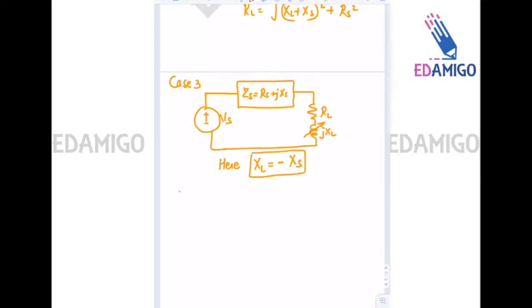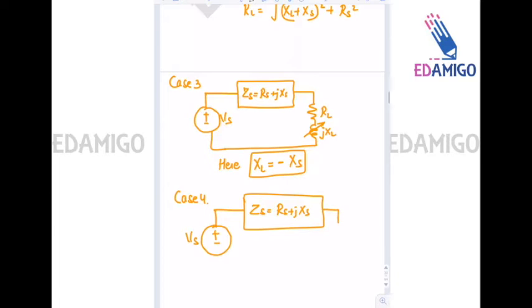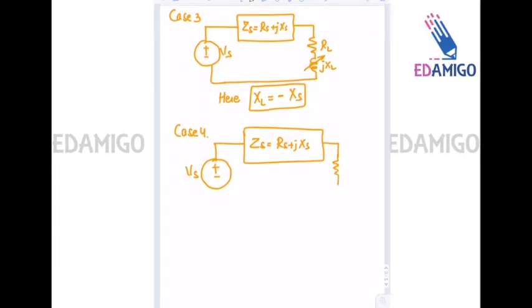Okay. Now the last part, case 4. So here we have both RL and XL as variable. So both are variable.